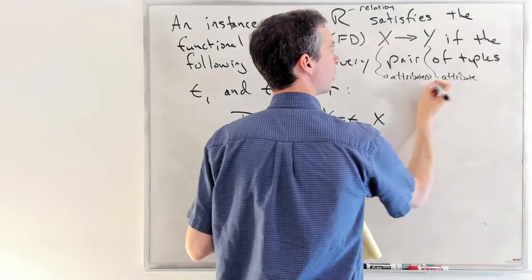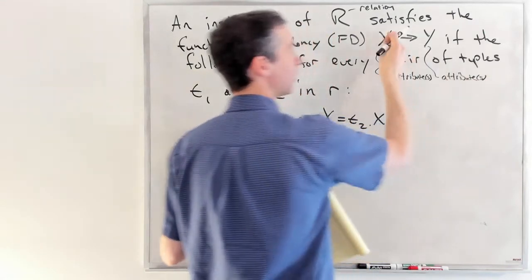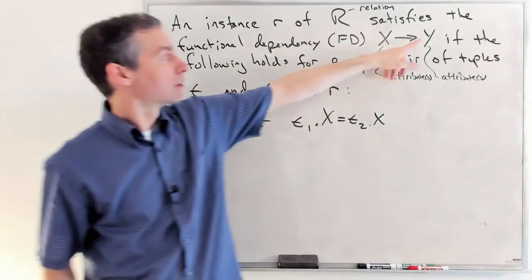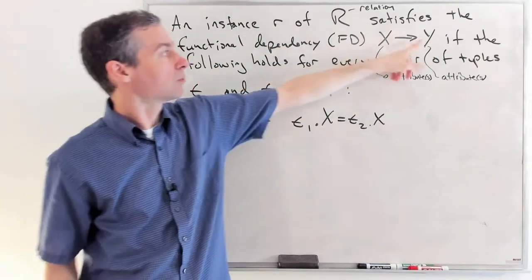It can be multiple attributes. We could have a set of attributes of R and a set of attributes of R of Y.